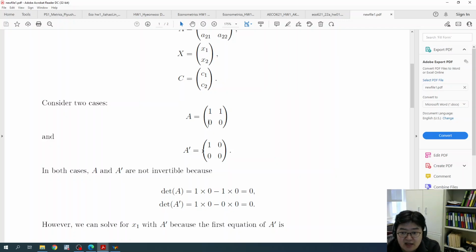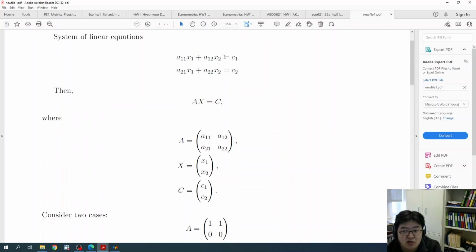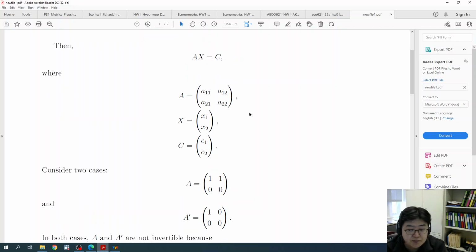However, it is clear that the first equation of A prime gives you x1 equals c1. The reason it is not full rank is because x2 cannot be solved. So you are able to solve for x1 but not x2.